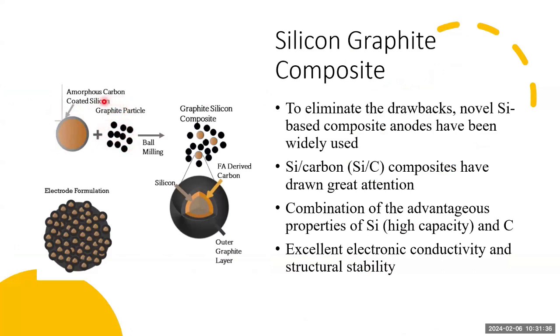When you do ball milling, that means you mix all the particles well. During this mixing, you get a very good composite, which is called silicon graphite composite. Ball milling mixes the composite very well and homogeneously in the solid form. Then you have this solid graphite silicon composite, and you can use it as an anode material directly in a lithium ion battery.